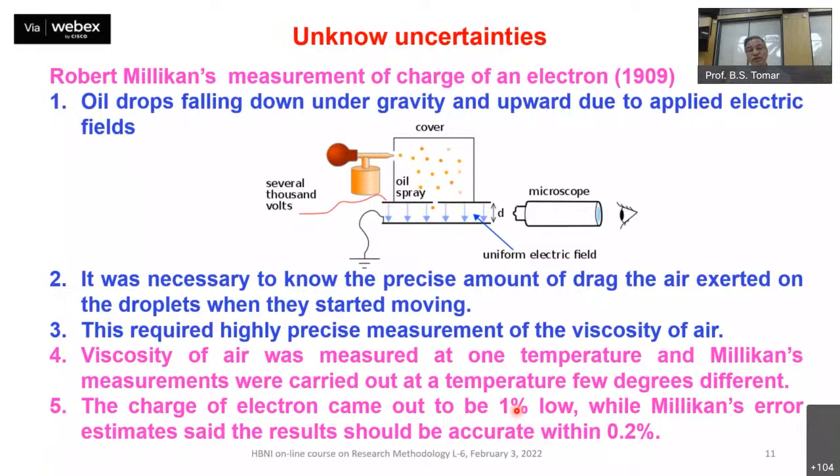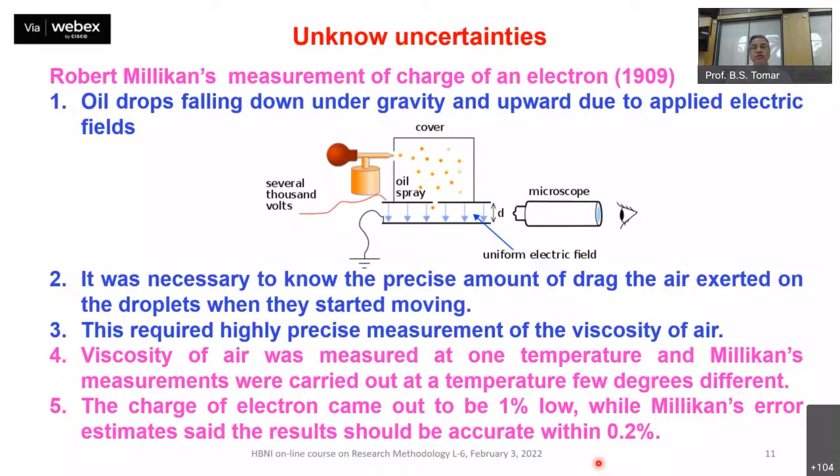So you can see, even in precise experiments, and Millikan's experiments also, they can have this kind of error. When you are doing the experiment of viscosity of air, probably you may not have known at what temperature you measured it. And so this can introduce an error of the order of 1%, and it was immediately reflected in the measurements.